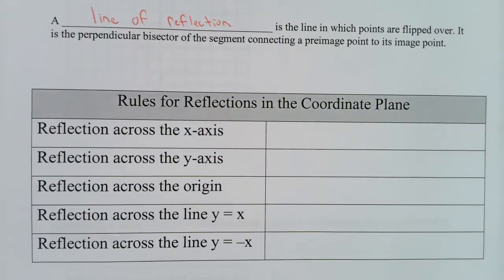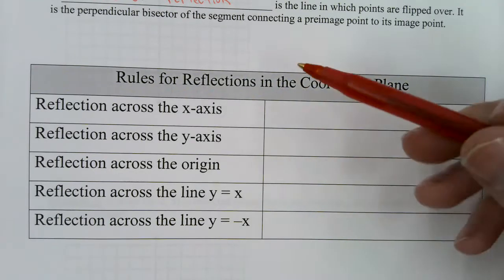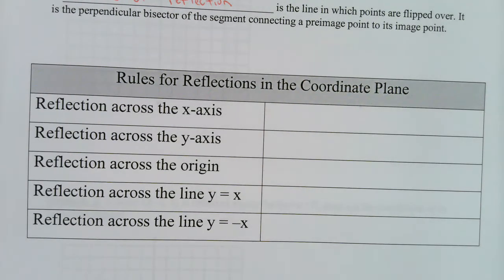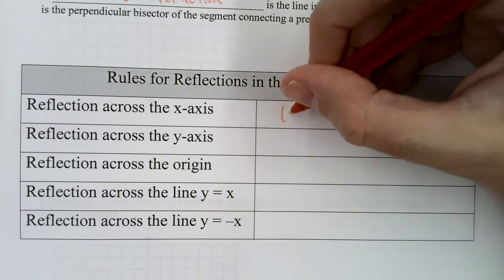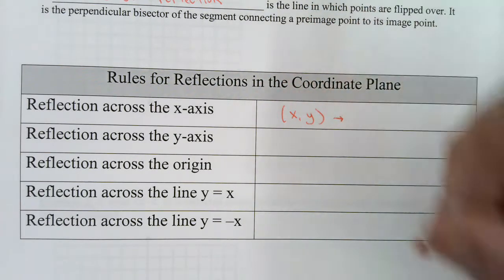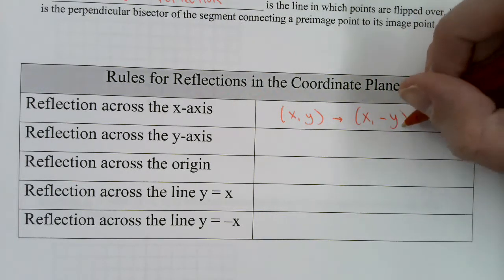Okay, so here are 5 types of reflections that we may do in this class. We're definitely going to do the first one, the second one, and the fourth one a lot. So here are the rules. For reflections across the x-axis, the rule is (x, y) maps onto (x, opposite y).